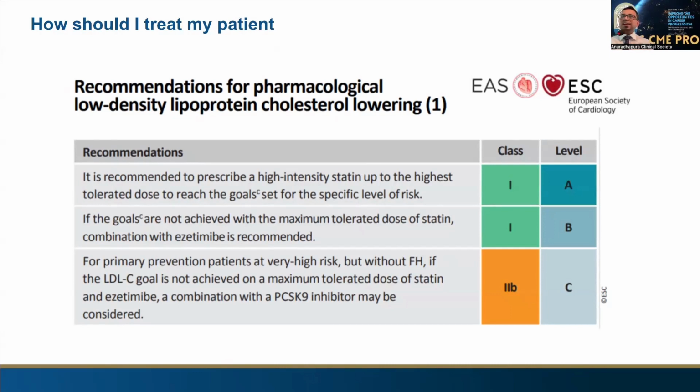If you don't get the desired amount of LDL reduction, then you add ezetimibe, even for primary prevention. You can also go up to a PCSK9 inhibitor if you have facilities to get it done. We have a few patients with primary prevention, even in the very high risk, familial high risk group, to whom we have given PCSK9 inhibitors.